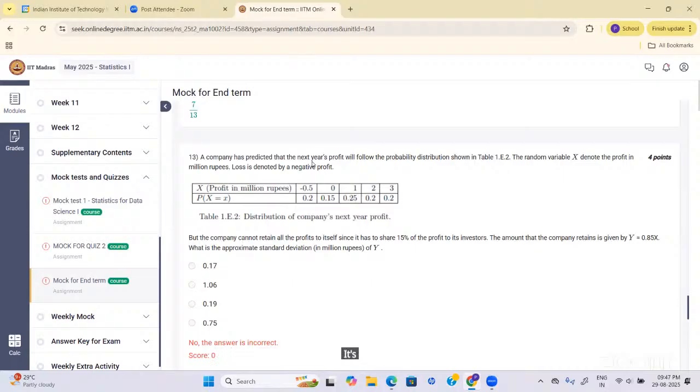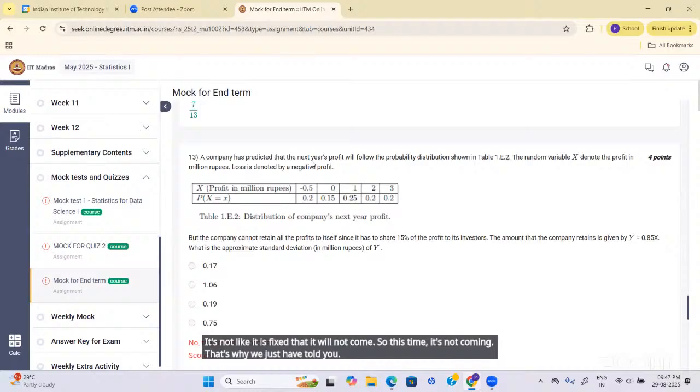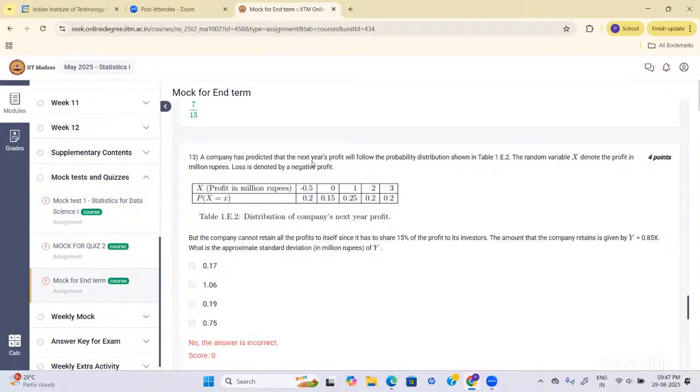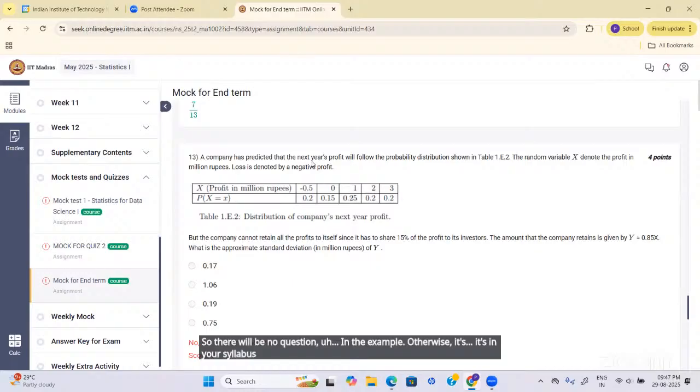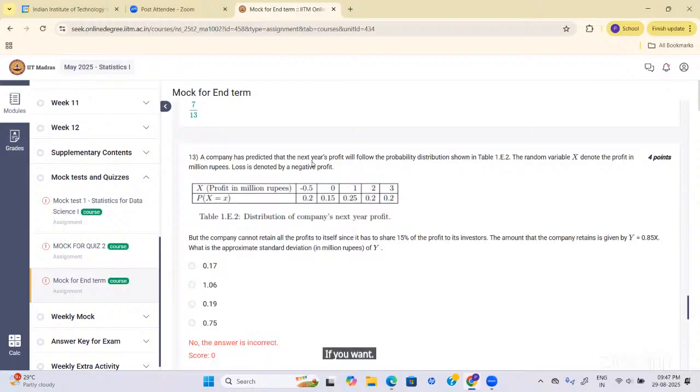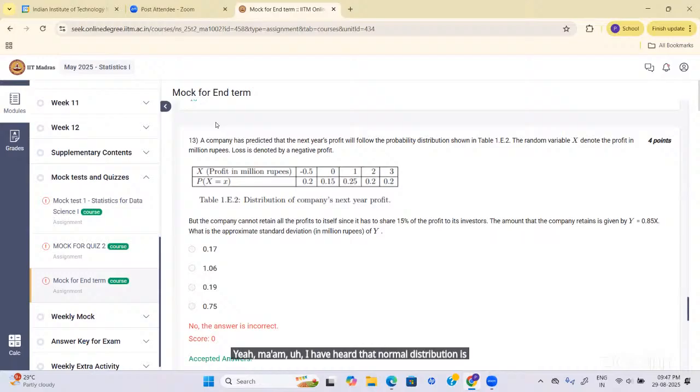It's not fixed that it will never come. This time it's not coming, that's why we have just told you. Ma'am, can you continue? So there will be no question in the exam. Otherwise, it's in your syllabus of the Statistics 1 course. If you want, you can study that. Ma'am, I have heard that normal distribution is very important for stats too.